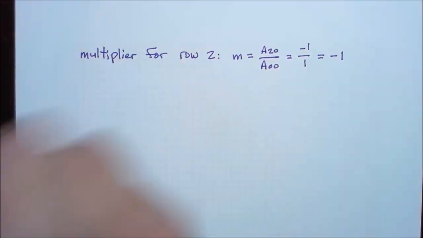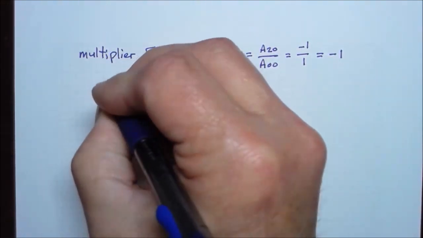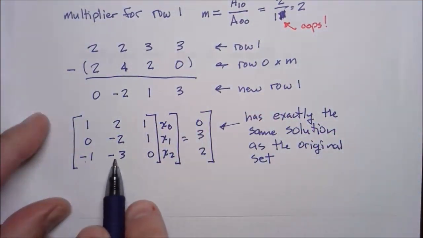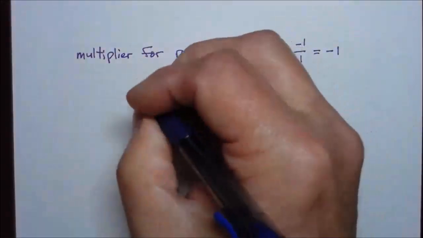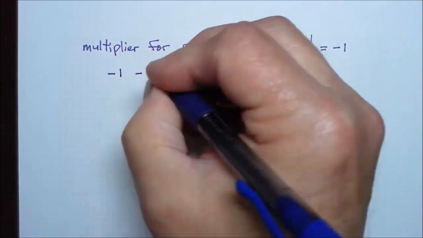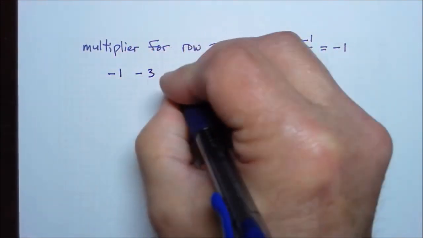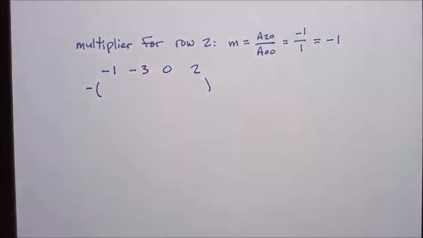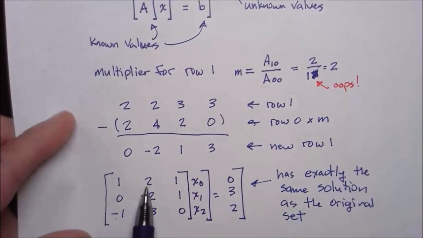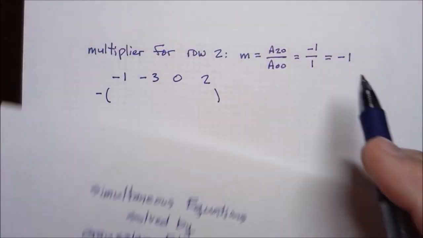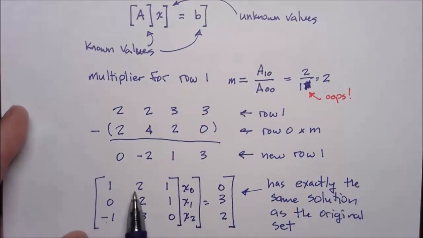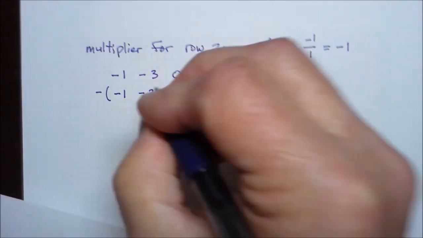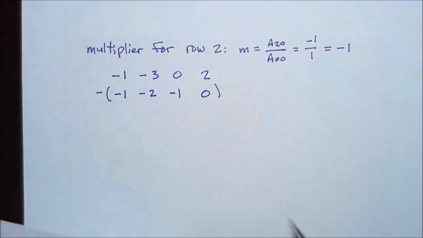So now, this is for row 2. Row 2 is minus 1, minus 3, 0, 2, and then I'm going to subtract row 0 after multiplying by a negative 1, so that's going to be negative 1, negative 2, negative 1, 0.